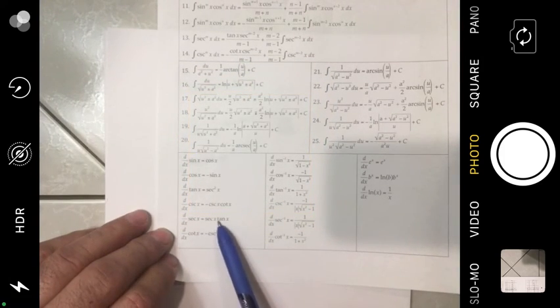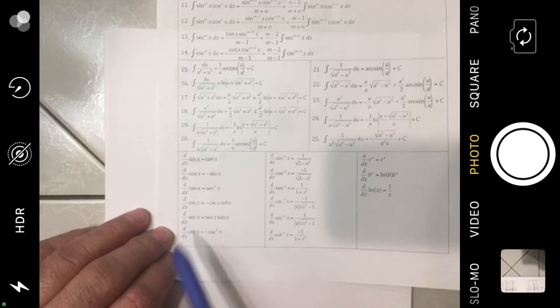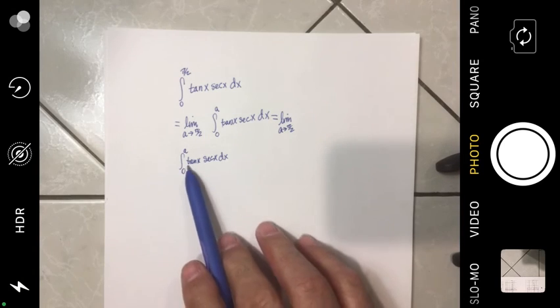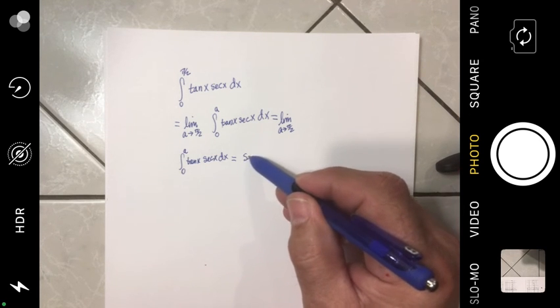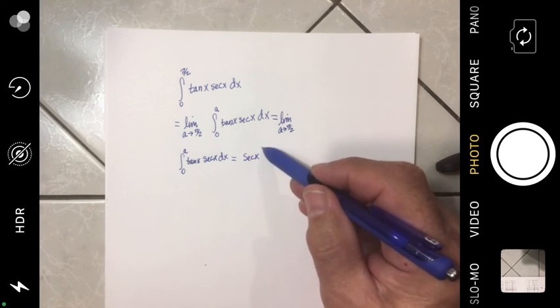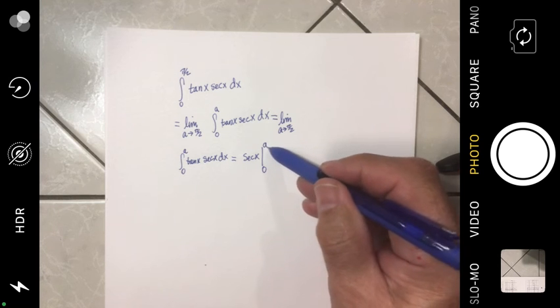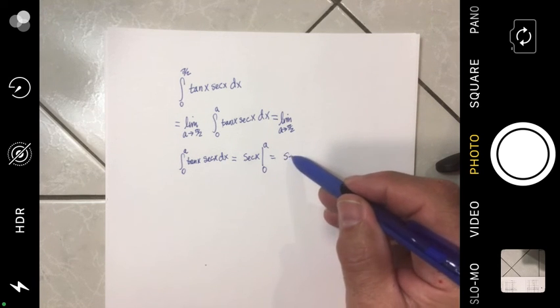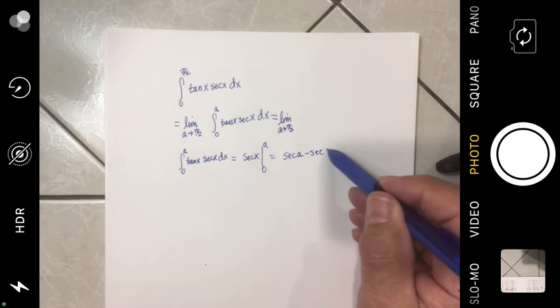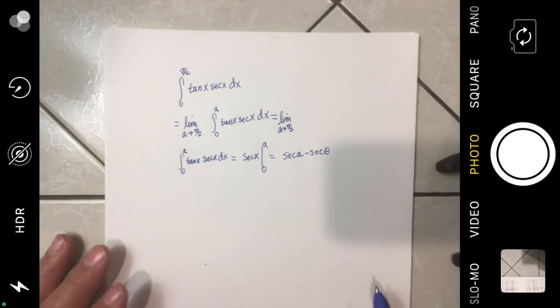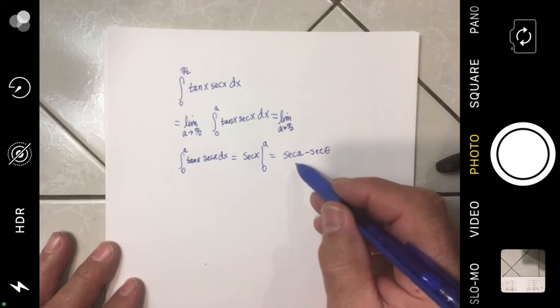Well, we have to integrate tangent secant. Well, tangent secant integrates to secant. The derivative of secant is secant tangent. So this becomes secant x evaluated from 0 to a, which is secant a minus secant 0. Now, secant is 1 over cosine.